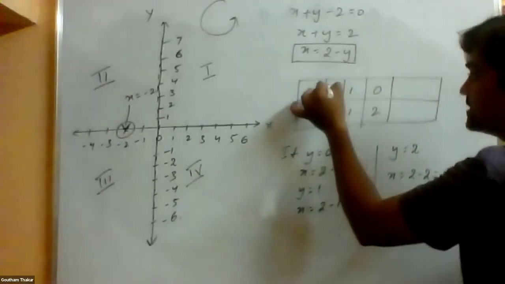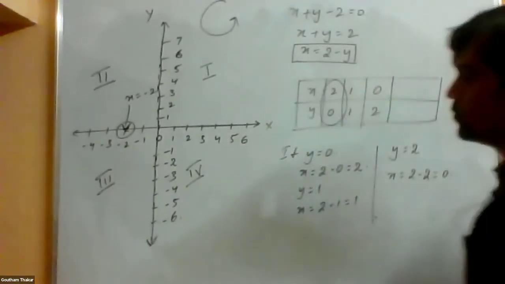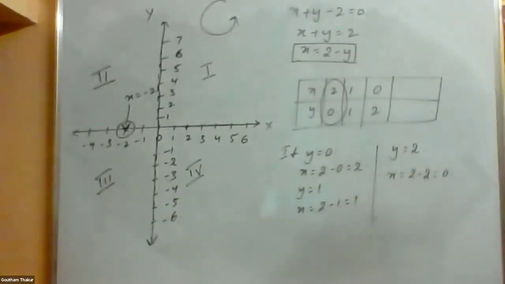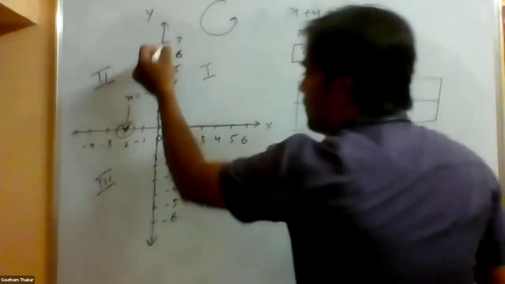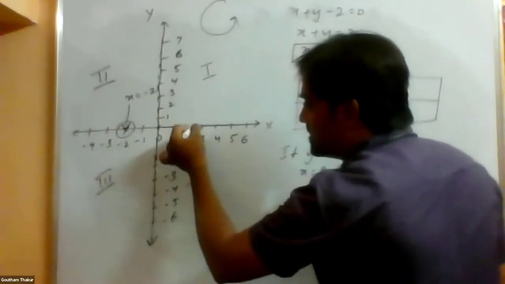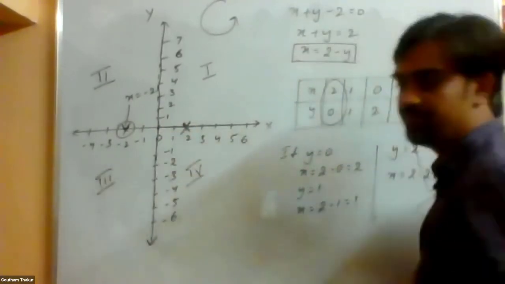Let me take the first ordered pair, x as 2, y as 0. Where is x as 2? This is x as 2. As my y value is 0, the y value is 0 on the axis. So with both put together, my point will be on the x-axis itself.